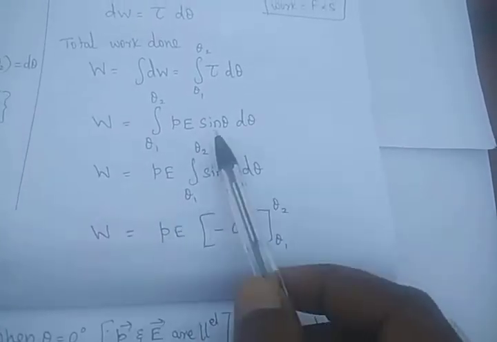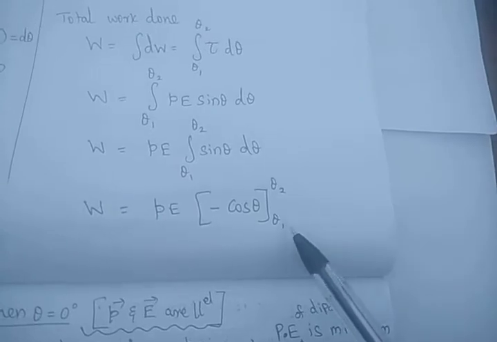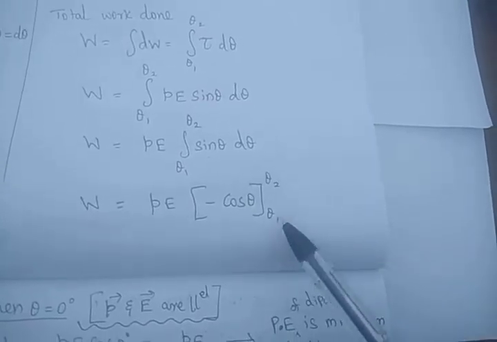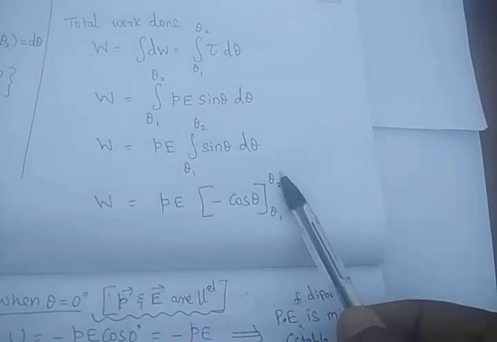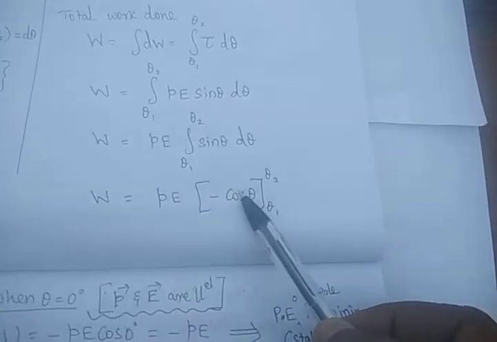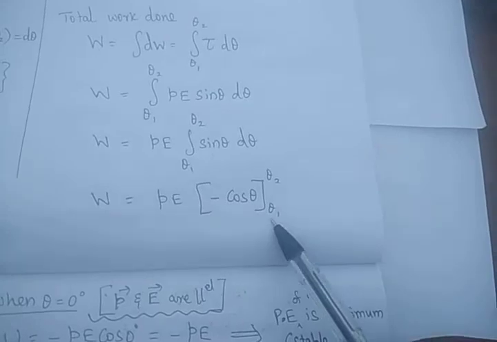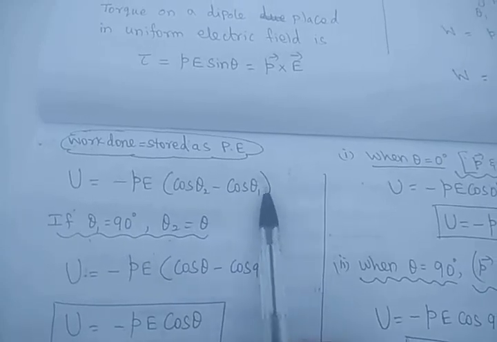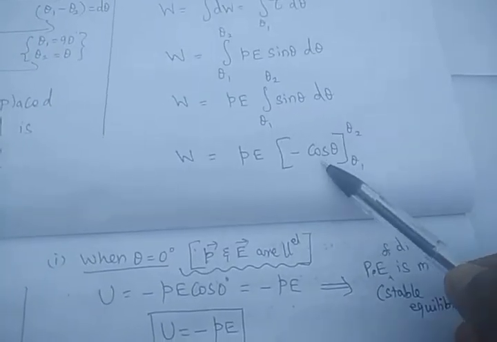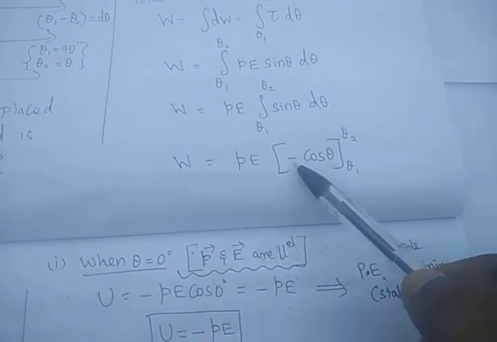The lower limit and upper limit are written in the bracket, theta 1 and theta 2. Now substitute the upper limit and lower limit: upper limit minus lower limit. Hence the minus is taken outside, giving pE times cos theta 2 minus cos theta 1, with this minus already taken outside.